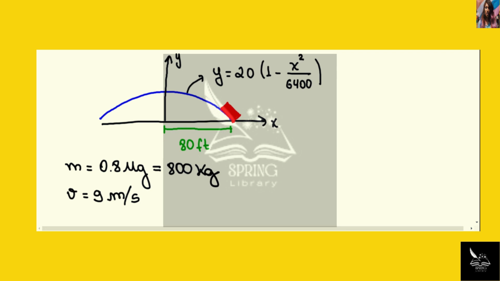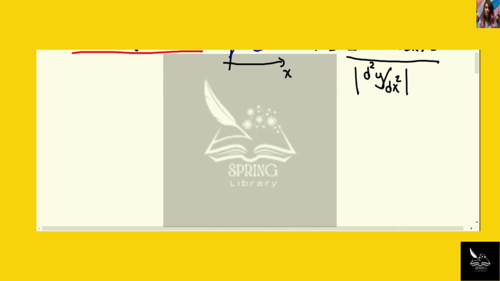In order to solve this, we're going to need to draw the free body diagram on the car. So this here is the car. Now we need to draw the free body diagram. What we have is the normal force that points in this direction.